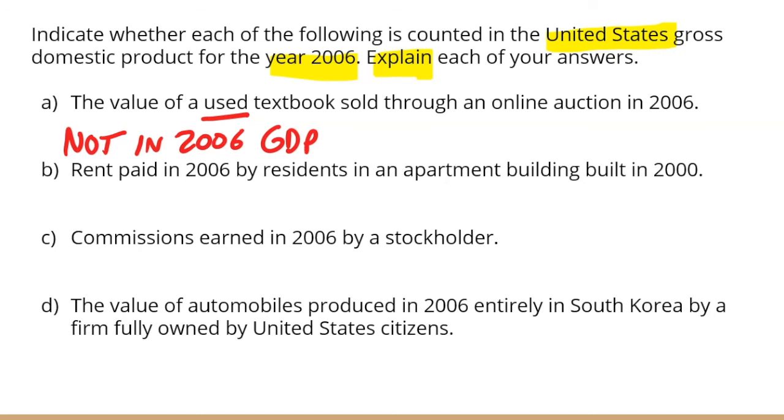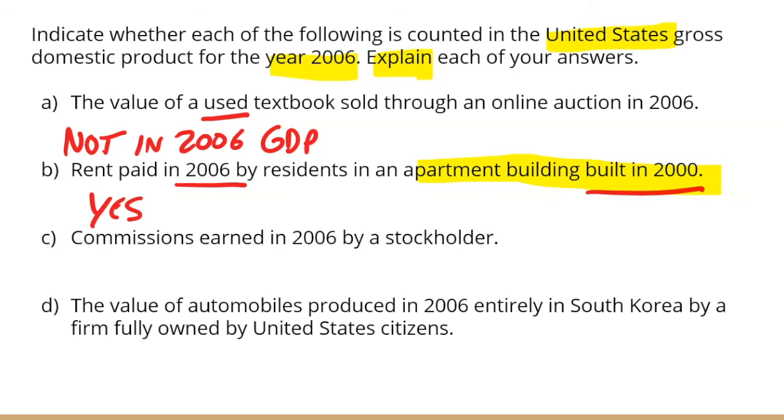Second, rent paid in 2006 by residents in an apartment building built in 2000. So here, College Board is getting a little bit tricky. The answer for this is yes. This is included in the 2006 GDP. How College Board tried to trick you in this question was they looked at the apartment building built in 2000.